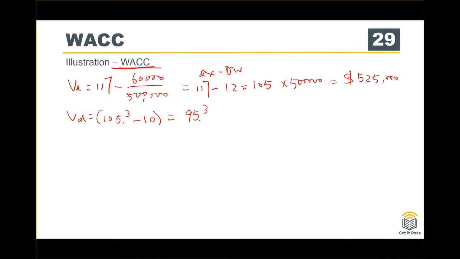I divide it by 100 because the face value of a debenture is $100, times the face value of $200,000, which is provided in the question. So the market value of this is 190,600.